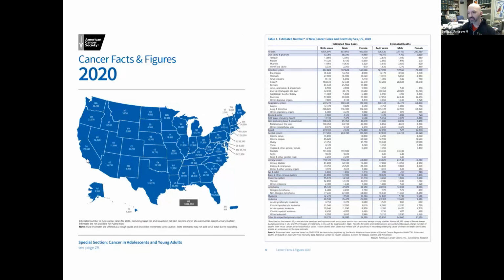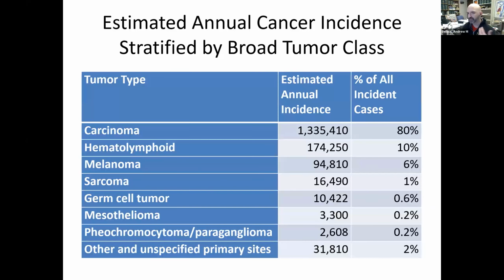So to inform my IHC differential diagnosis, I have aggregated United States cancer data, drawn from publicly available data through the American Cancer Society, and have drawn some conclusions.